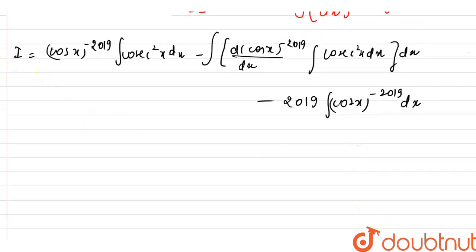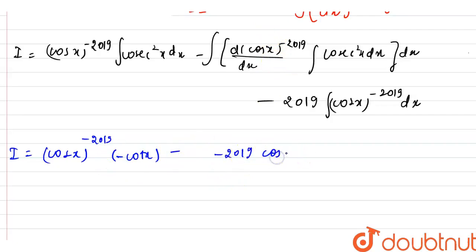Understood? Now I'm going to integrate this, so it will look like I equals this as it is, raised to the power minus 2019, times the integration of cosec²x, which is directly known, minus cot x. Minus the differentiation: it will be minus 2019 cos x raised to the power minus 2019 minus 1, that is minus 2020, and the differentiation of cos x is minus sin x.